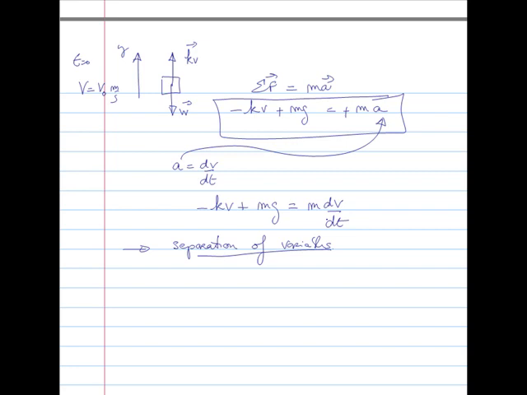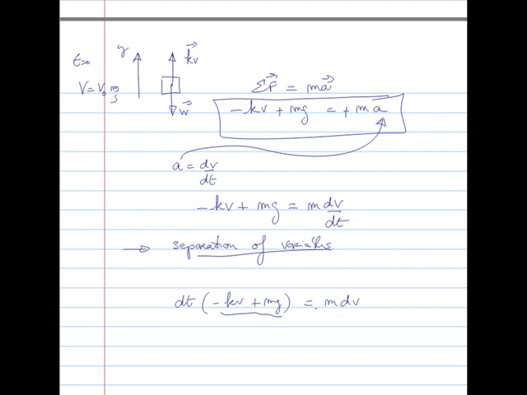So what I could do is multiply everything by dt in order to make the dt all by itself on the left hand side. So let's do this. I'm going to have dt times (minus kv plus mg) is equal to m dv. But I still have this term that bothers me, so let's move it to the right hand side.